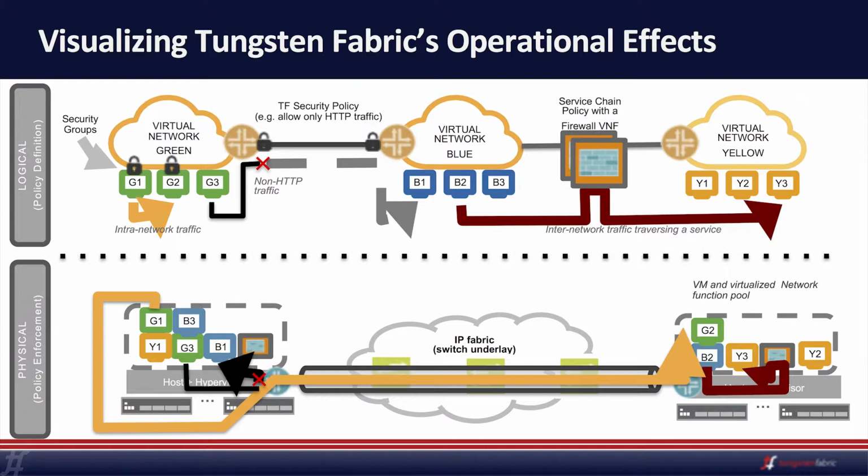And that prevents the spread of, say, malware or just configuration mistakes, really constrains the blast radius of an individual service. So we can make sure, in the case of my completely contrived 3-tier web app example, that my front-end web servers in the green virtual network can't communicate amongst one another.